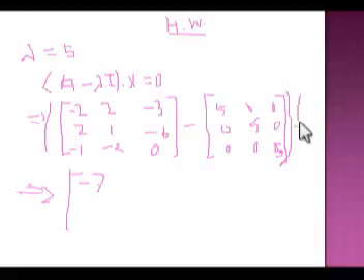Here x will be a column matrix x, y, z. So this will be equal to the 0 matrix.